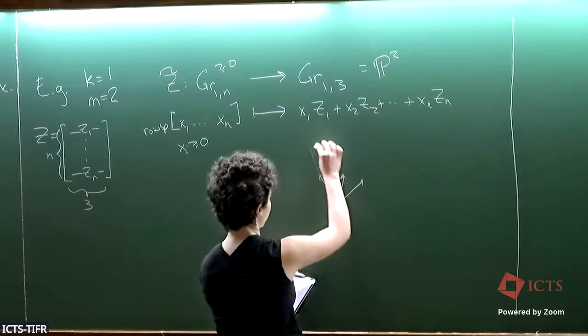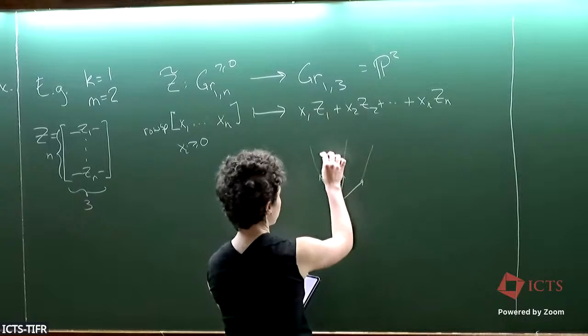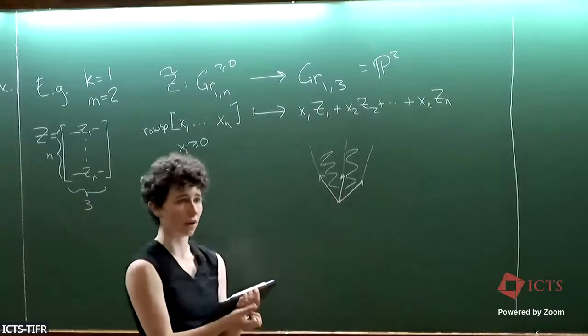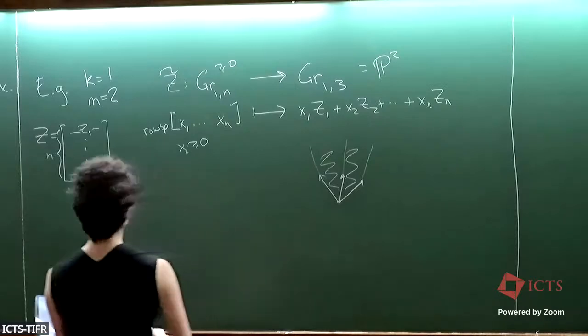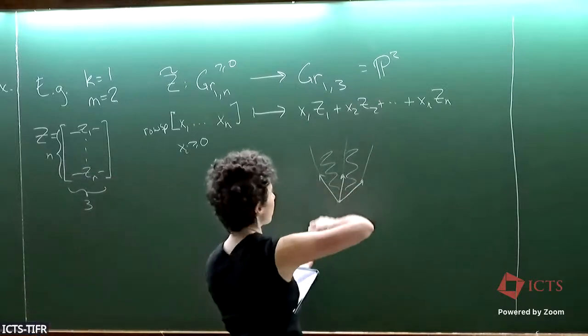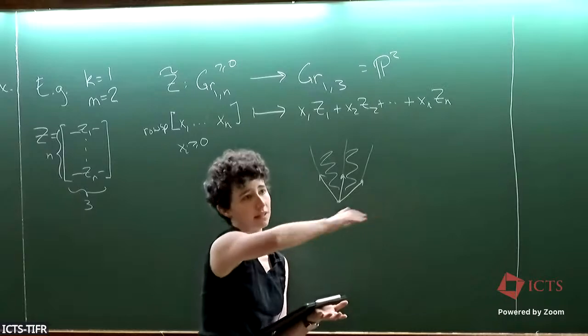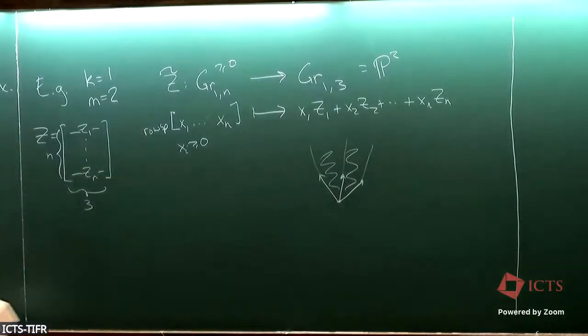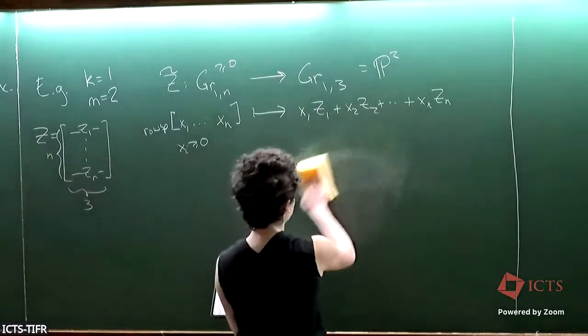When you take non-negative linear combinations of vectors, this is going to be kind of hard to draw. What you get is a cone, a convex cone in R^3. To think about it in P^2, I'm taking my convex cone and slicing it somewhere. I'm not going to be able to draw this, so let me just show you the picture in P^2.